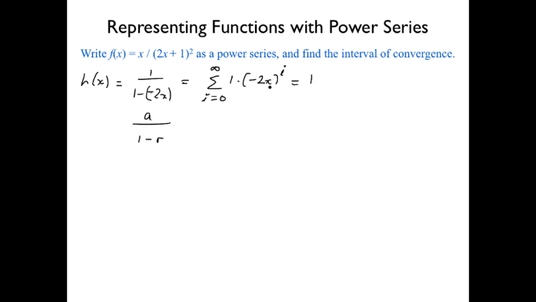So when i equals 1, what will you get? Negative 2x. When i equals 2, 4x squared. And then i equals 3. Okay, you guys got it, good. All right, and so on.